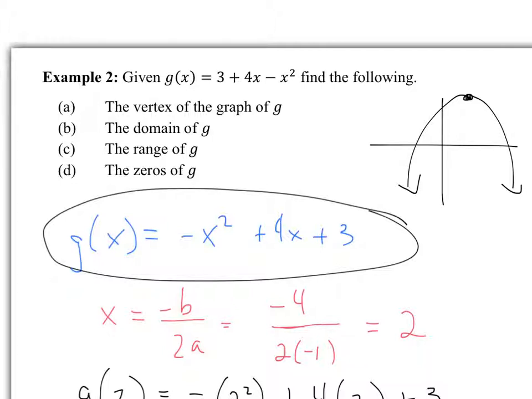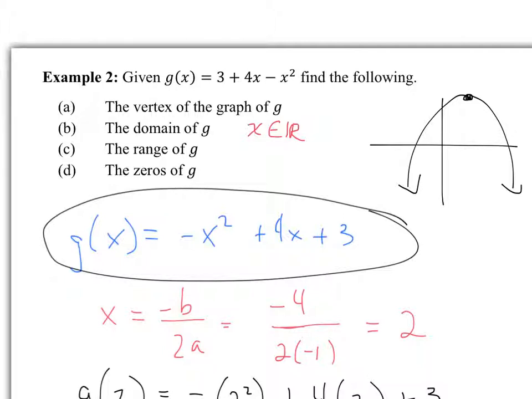So a parabola's domain is always all real numbers, and you can jot this down if you want. Because all parabolas follow the same trend. They go on forever, either like this or like this. But either way, it's going left and right forever. So the domain of any parabola is all real numbers. Okay, x is in the set of all real numbers.